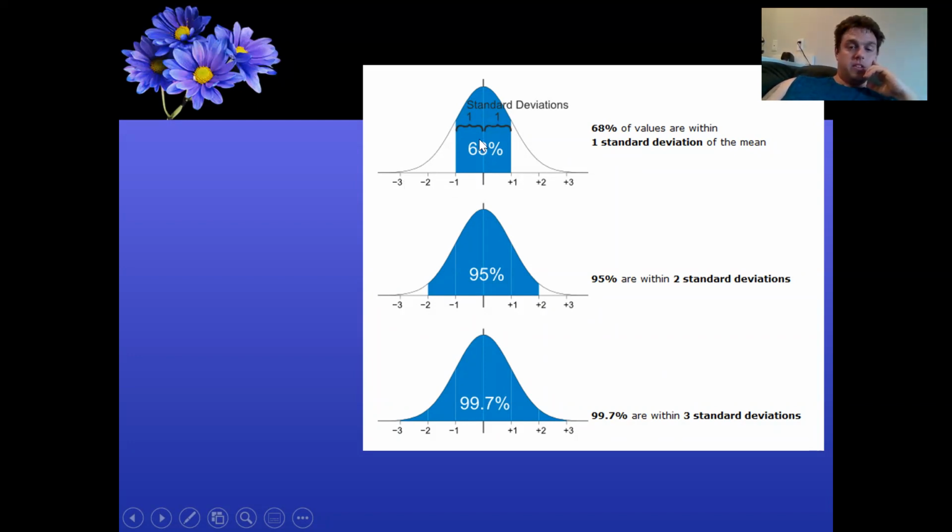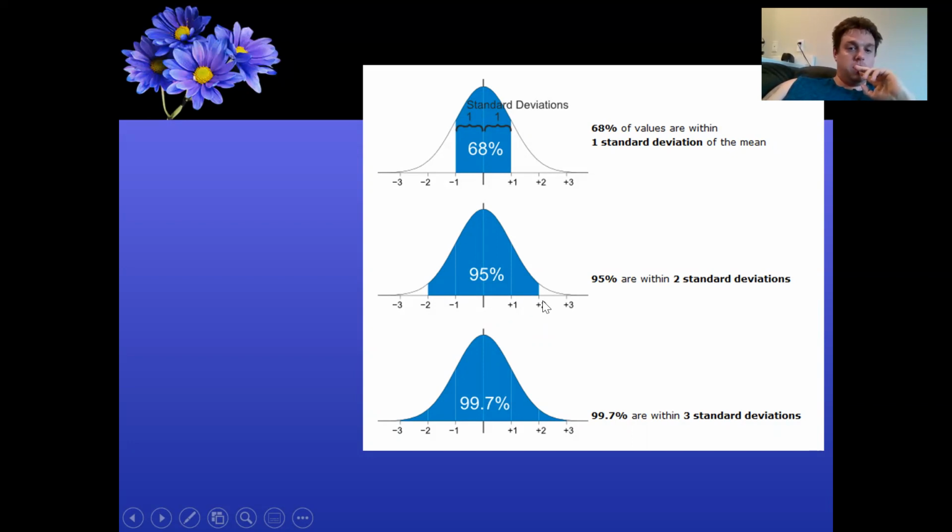These, when it's a normal distribution only, tell us what percentage of the values fall within a range. So for example, if you have a normal distribution, 68% of the values are going to fall between -1 and +1 standard deviations of the mean. 2 standard deviations is going to mean 95% of the scores fall in that range.